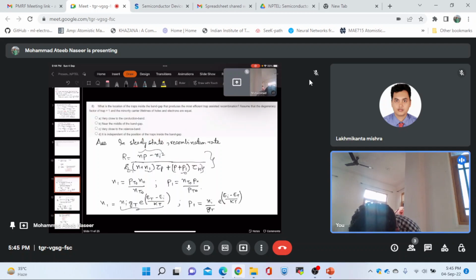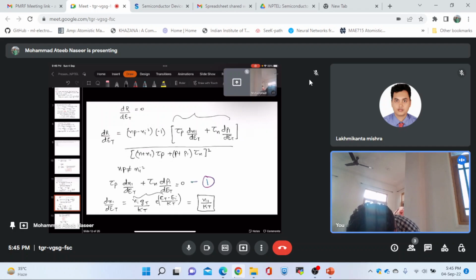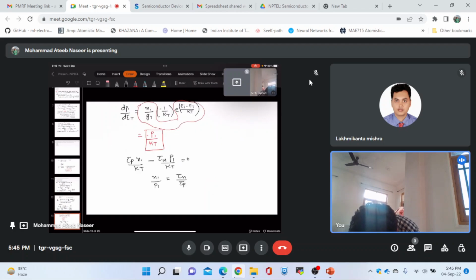This will simply be ni Gt exponential of Et minus Ei by kT divided by ni by Gt exponential of Ei minus Et by kT, equal to tau n by tau p.